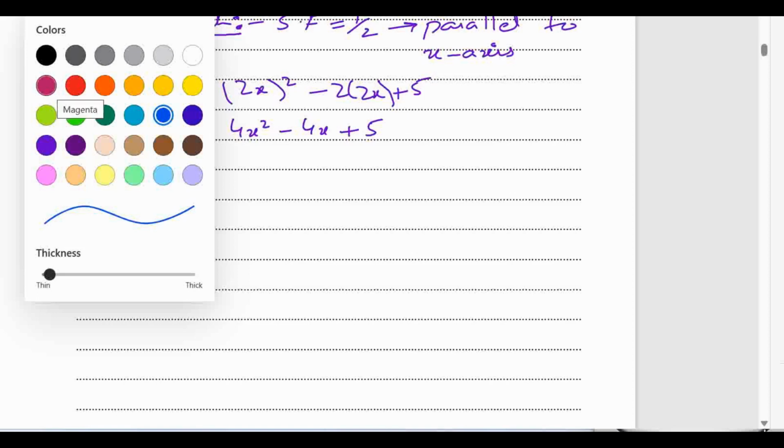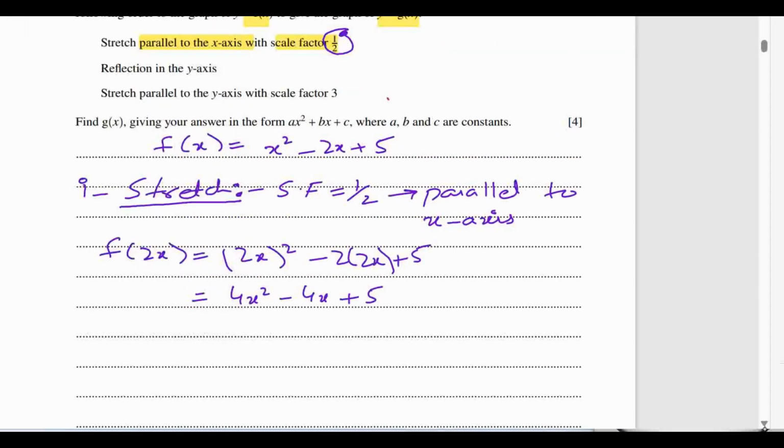The second portion is the reflection in the y-axis.